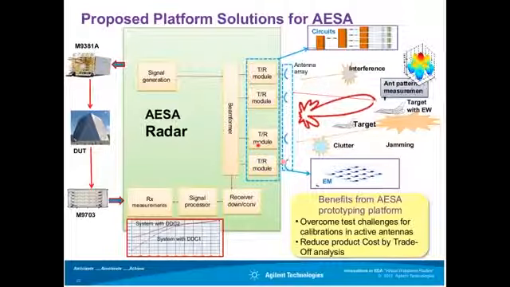Then for the whole system performance monitoring, we have antenna pattern measurement, allowing you to take a look at how the beam and the side lobes are going. Is it satisfied or not? Then we can select the right parameters.